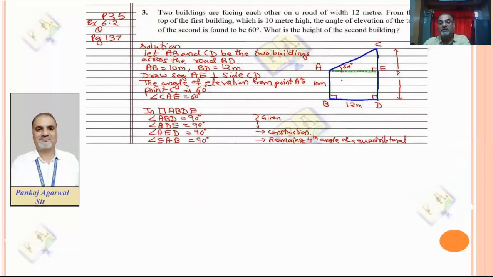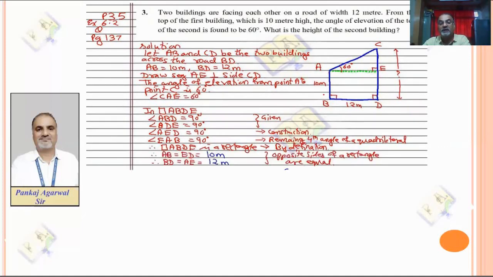And remaining fourth angle of a quadrilateral proves that angle A is 90 degree. Therefore, quadrilateral ABDE is a rectangle by definition. As it is a rectangle, we can say opposite sides are equal. Therefore, AB equal to ED equal to 10 meter and BD equal to AE equal to 12 meter because opposite sides of a rectangle are equal.